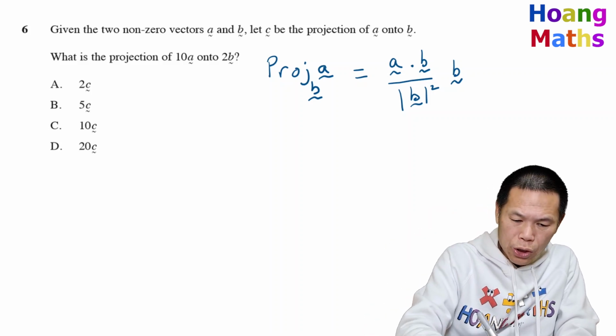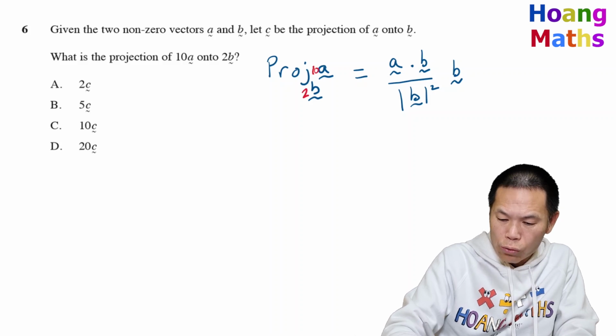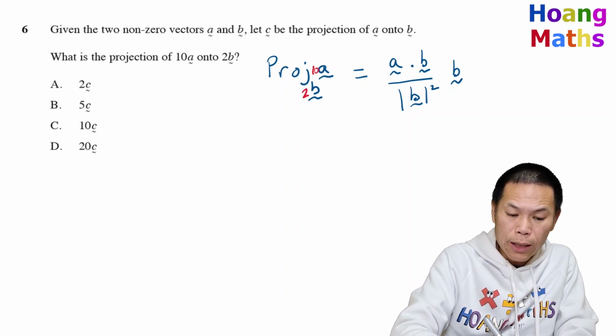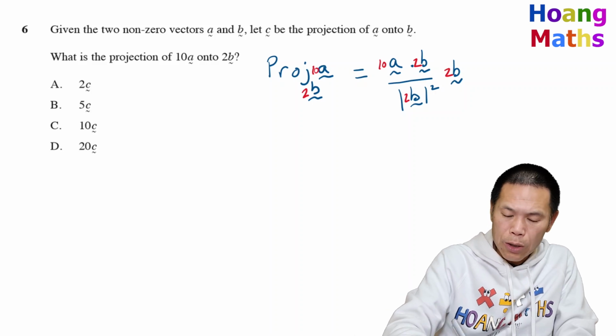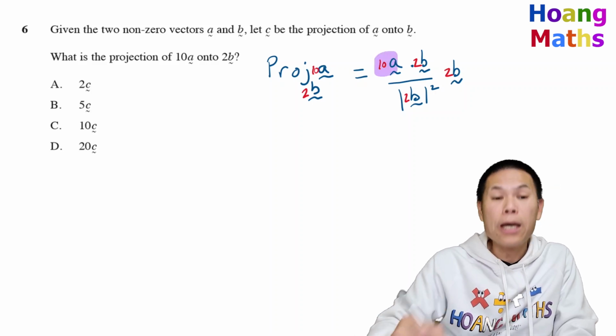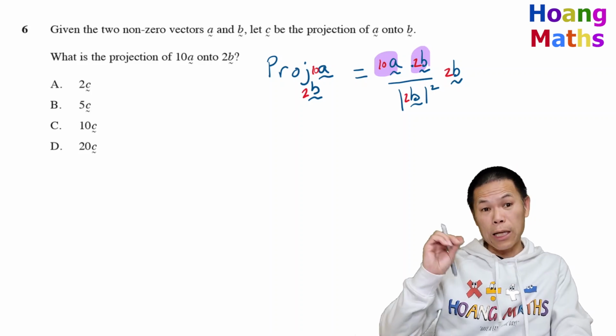Now we have 10A onto 2B. Let me change the numbers here. This is 10A, this is 2B. What it does is exactly the same, where A is replaced with 10A and B is replaced with 2B. That's all it is.